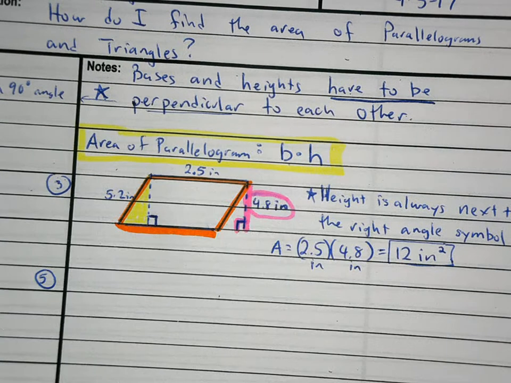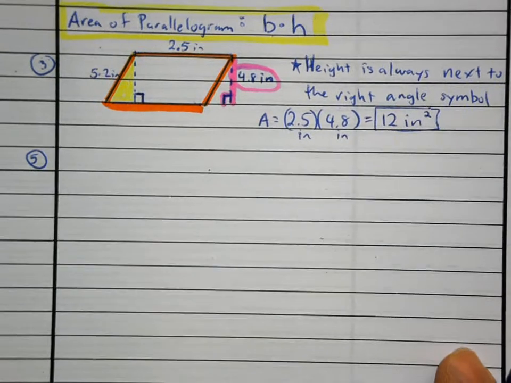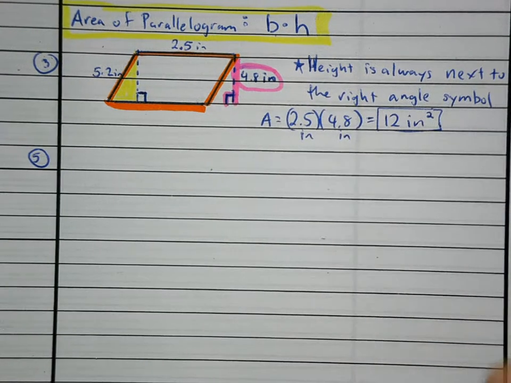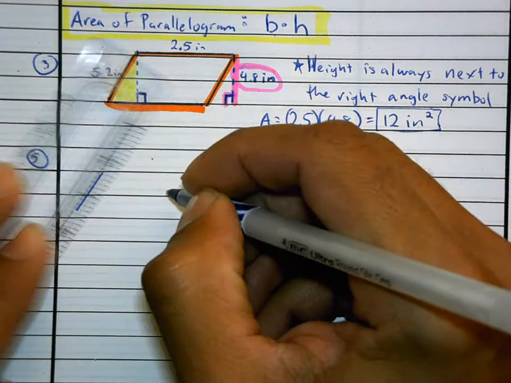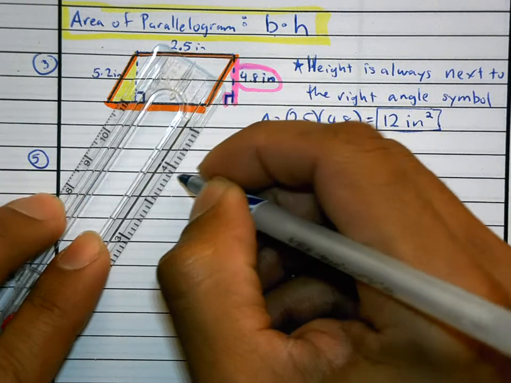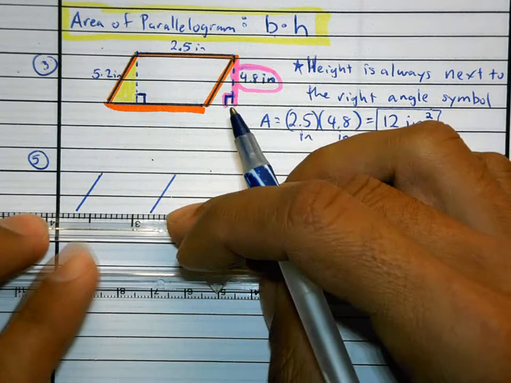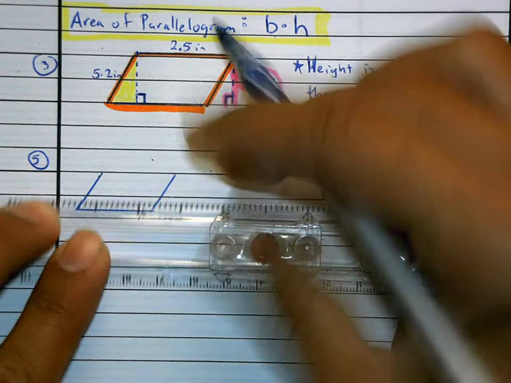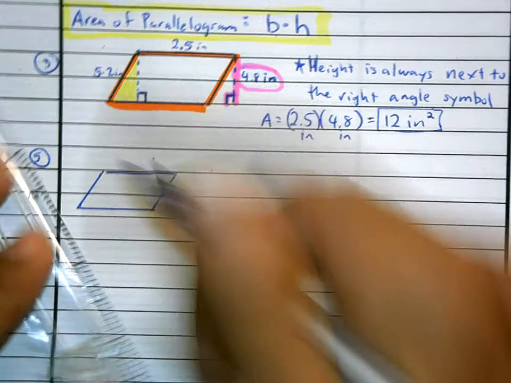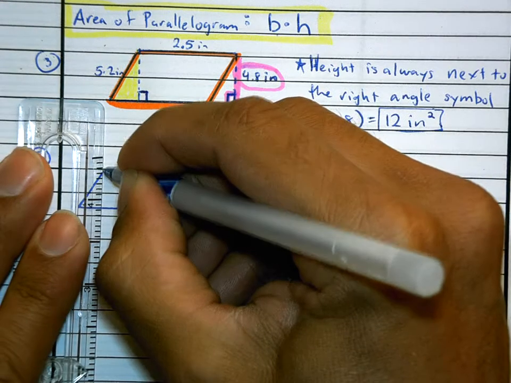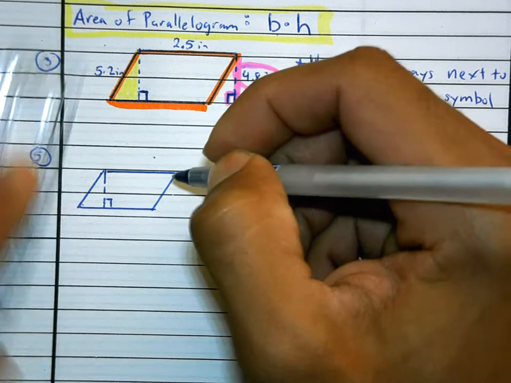Here's number 5. Number 5 has a kind of a funky drawing, but I'll draw a quick one for you. A parallelogram. And then there's a perpendicular over here.